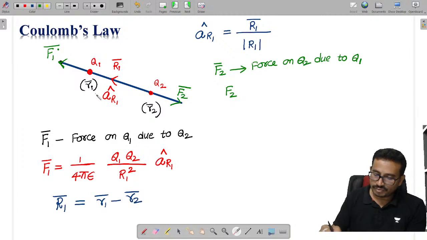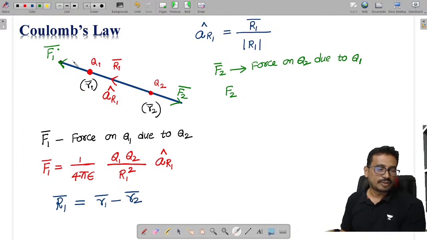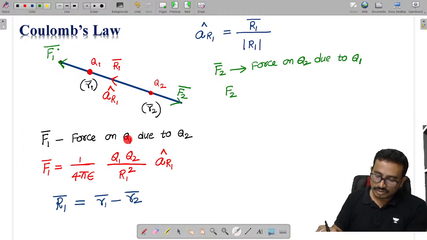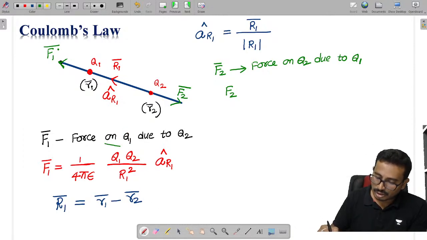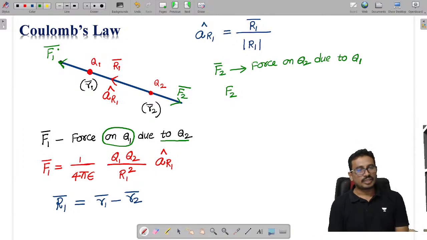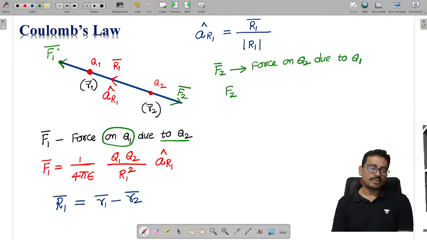You want to find the force on Q1, so Q1 is the final point, and the Q1 distance is the final distance. On Q1, this word is very important. Due to Q2, wherever you want to find anything, that point is the final point. Distance always means final minus initial.